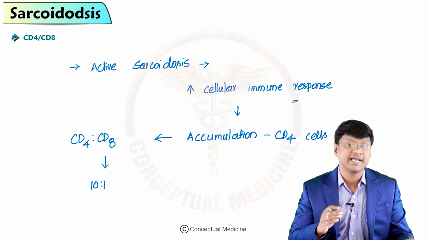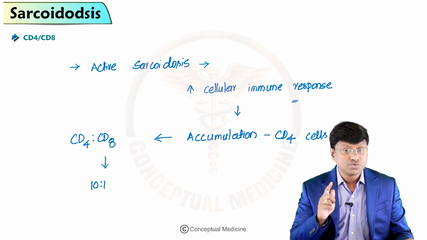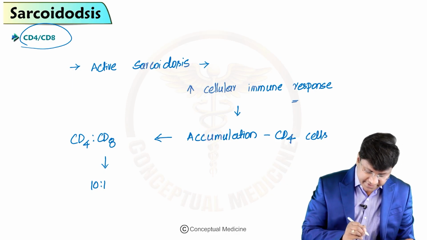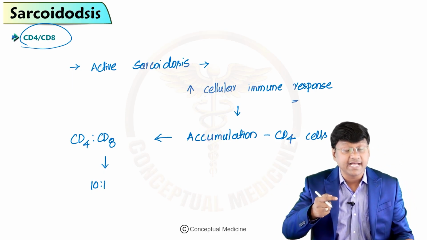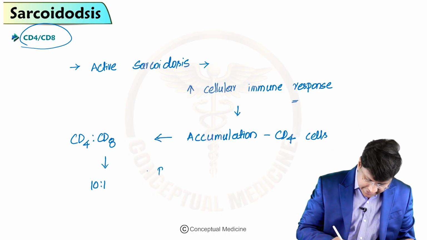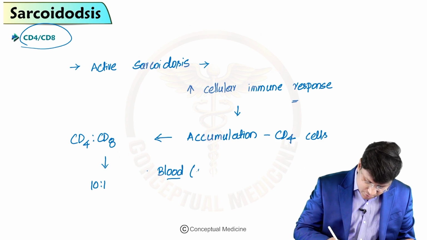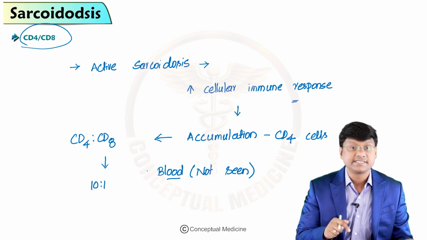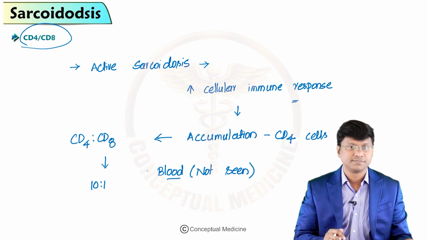It may be as high as 10:1. So please remember this point. This increased CD4 to CD8 ratio is seen in the affected organs, whereas it is not seen in the blood.